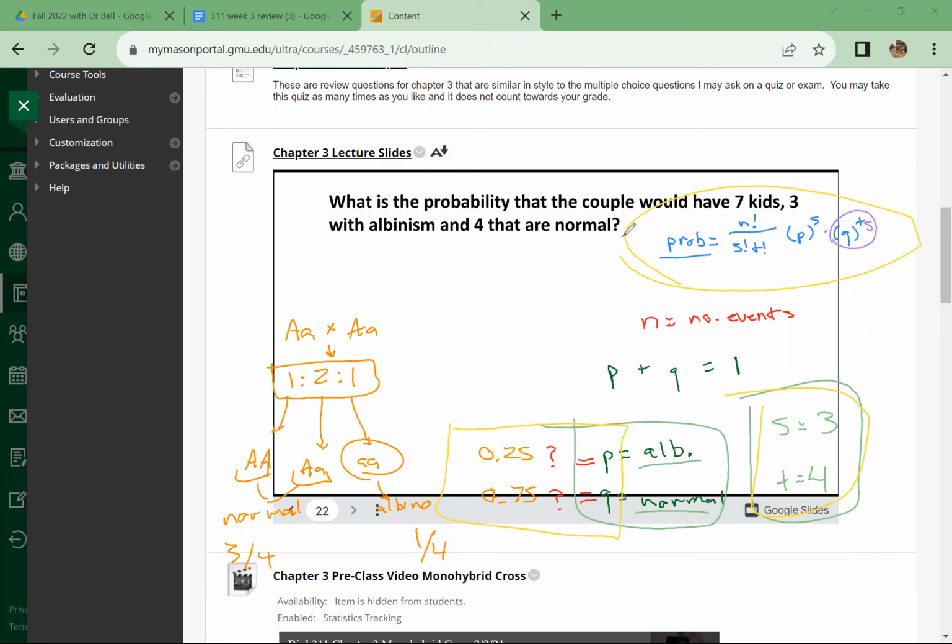And so when we do that, we get that N is 7. We know that S is 3, and we can just plug it in really fast. Let me do that.